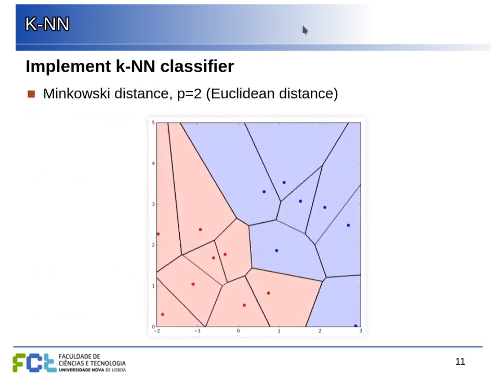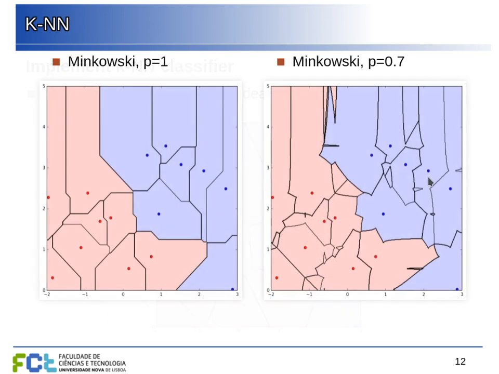So this would be an example of using k-nearest neighbors with k equals 1 and p equals 2 on the Minkowski distance, that is, using Euclidean distance. If you use p equals 1, you have Manhattan distance, so it will give frontiers like this, because now we are considering only the absolute value of the difference between the coordinates.